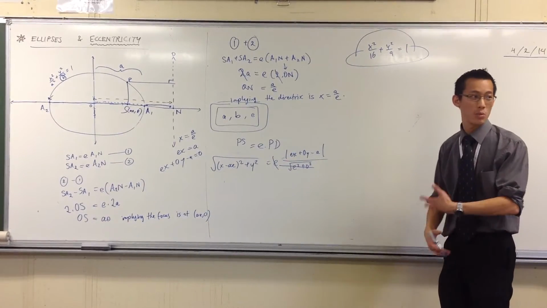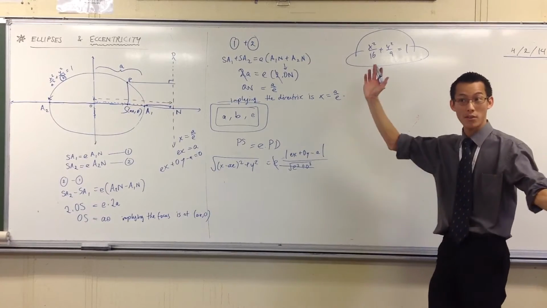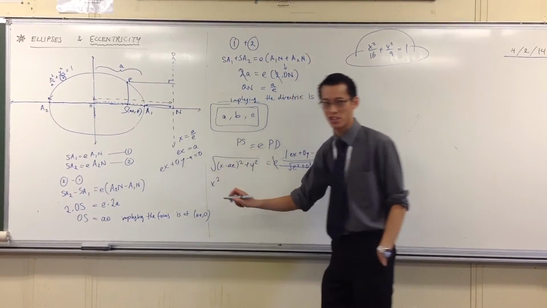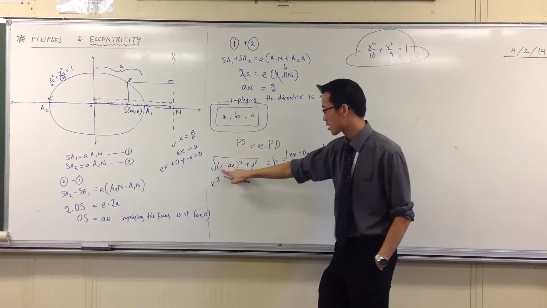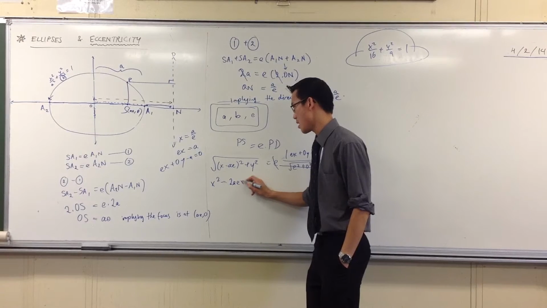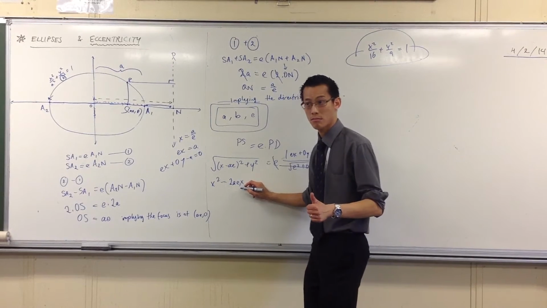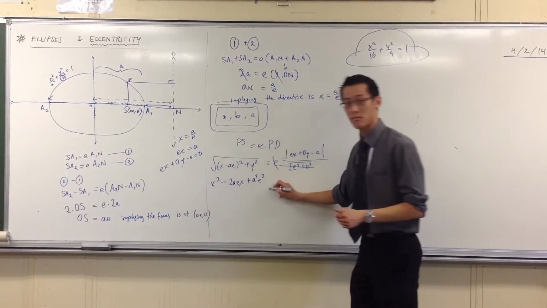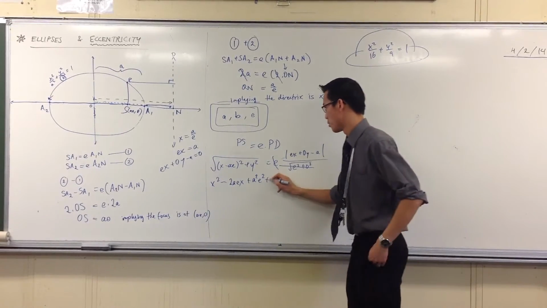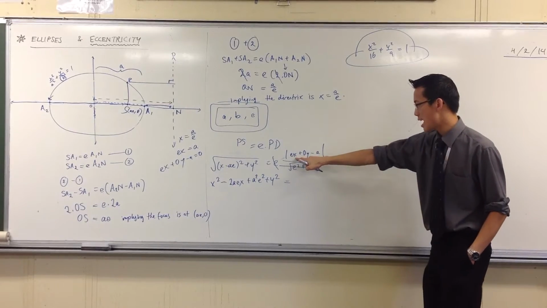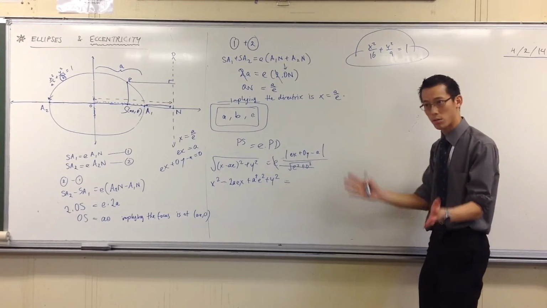Now what we would do, I guess we would square everything, okay? That gives you this. I might as well do this expansion because I'm going to need to eventually. X squared minus 2aex, yes? Plus a squared e squared, all good? Plus y squared. Okay, what am I actually squaring here? The ex minus a, all squared.